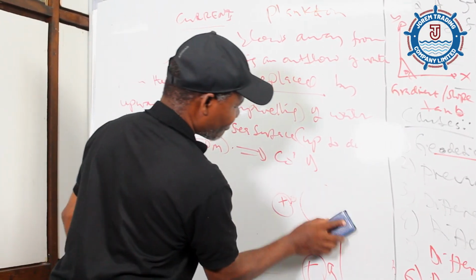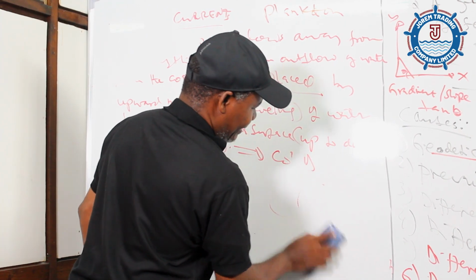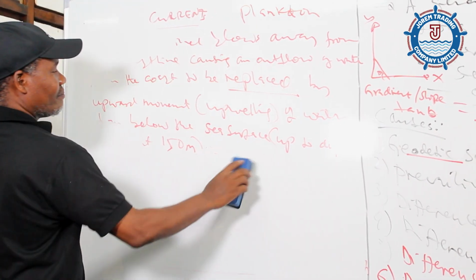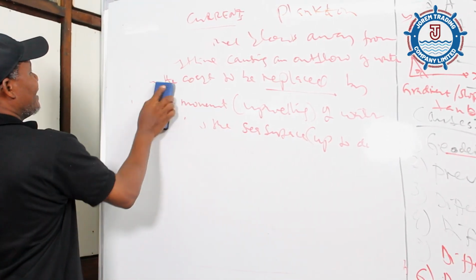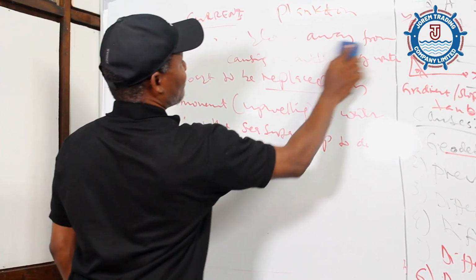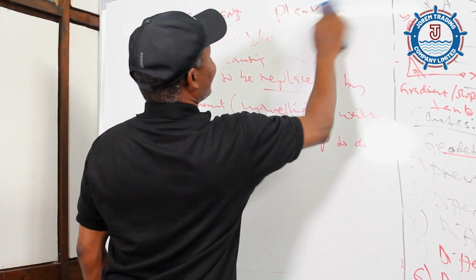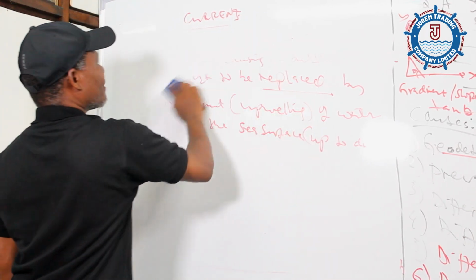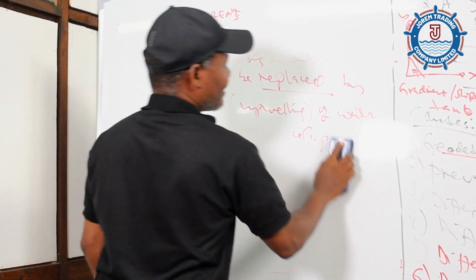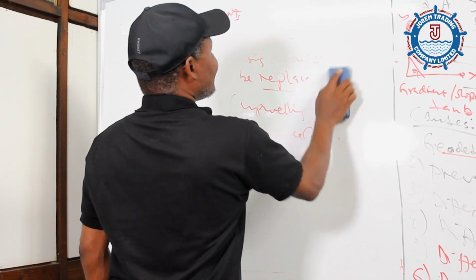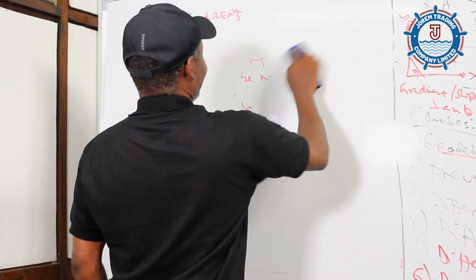So this one, again, the example of the Mediterranean and Atlantic Ocean comes in because they are of different levels. Because of where the Mediterranean Sea is located, it is landlocked in the first place.